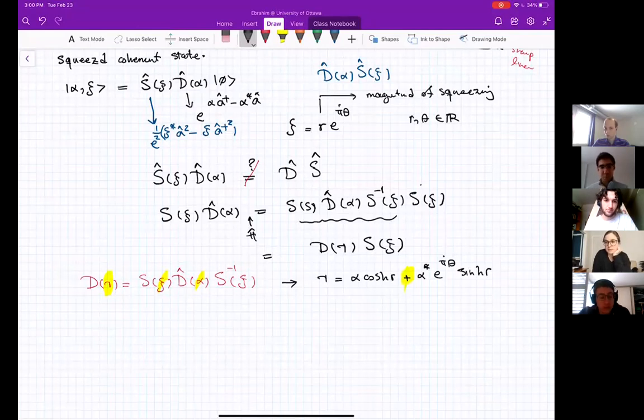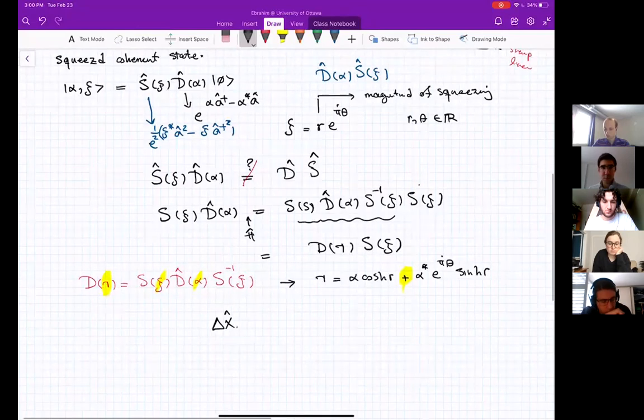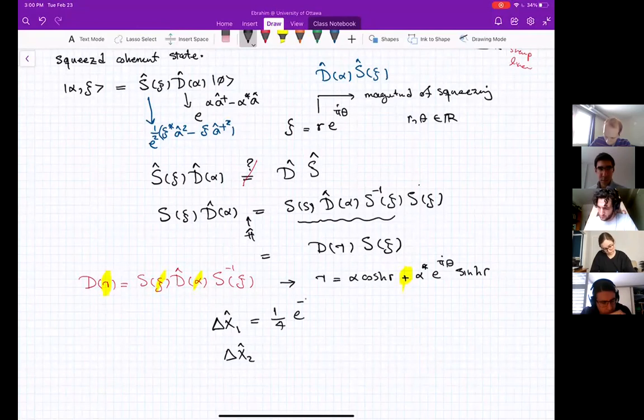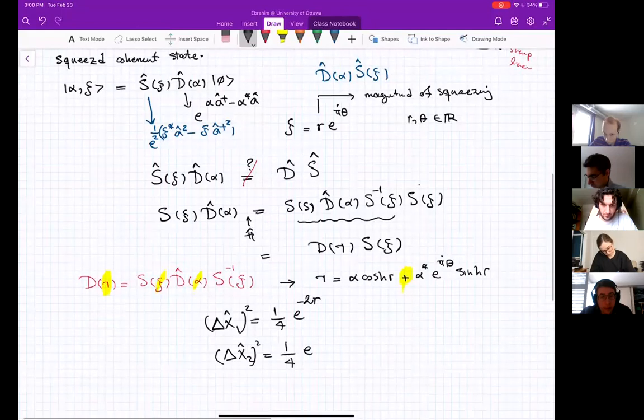So if you look at the uncertainty principle for the squeezed state, essentially delta x1 squared and delta x2 squared, what you will get is given by 1 divided by 4 e to the power of minus 2r, and the other one, of course, is given by 1 divided by 4 e to the power of 2r.